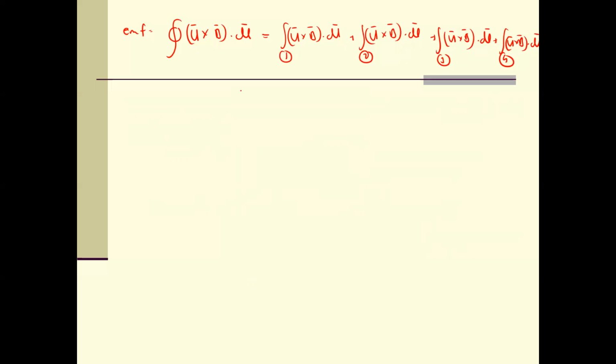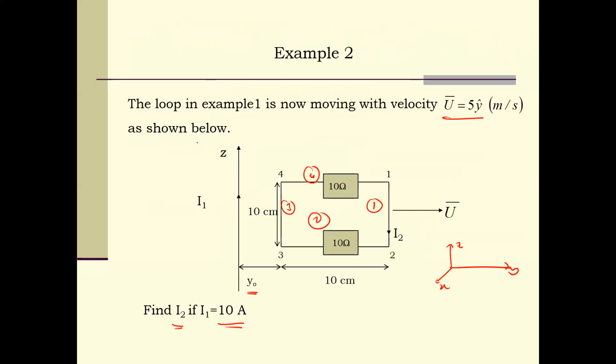We can see that for side number 1, we have U cross B dot dl, in which U is given by 5 of Y, and B can be calculated from I1.